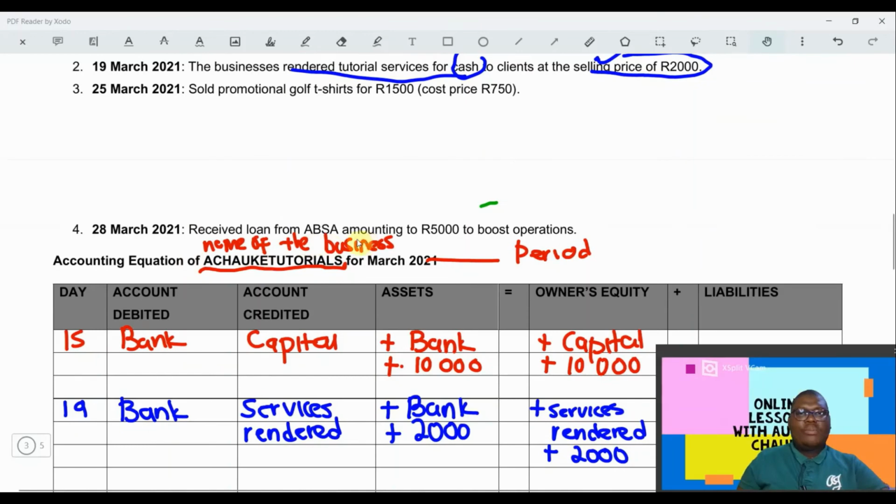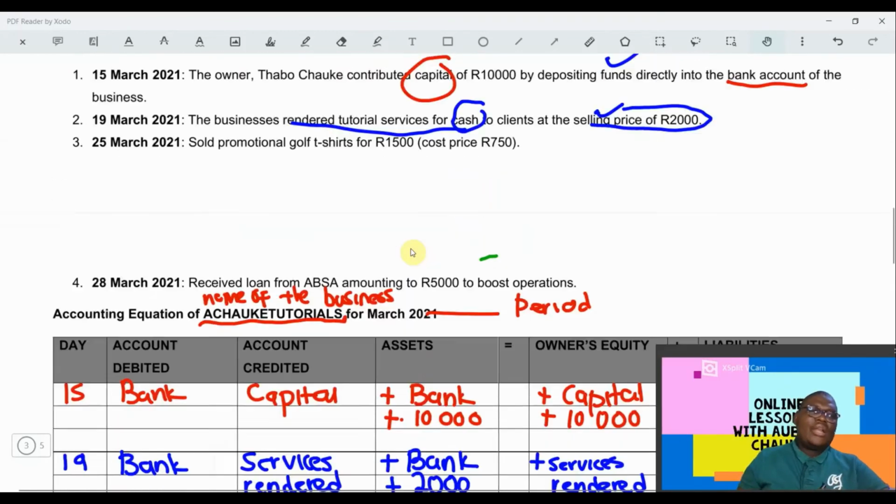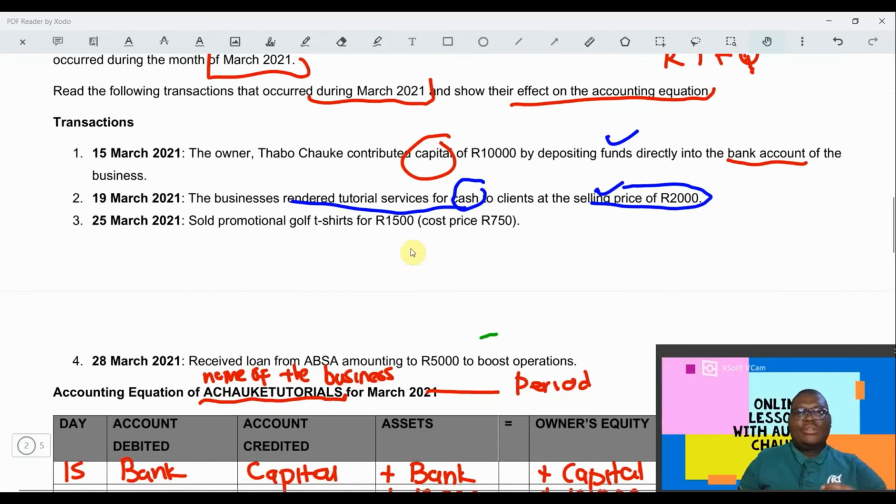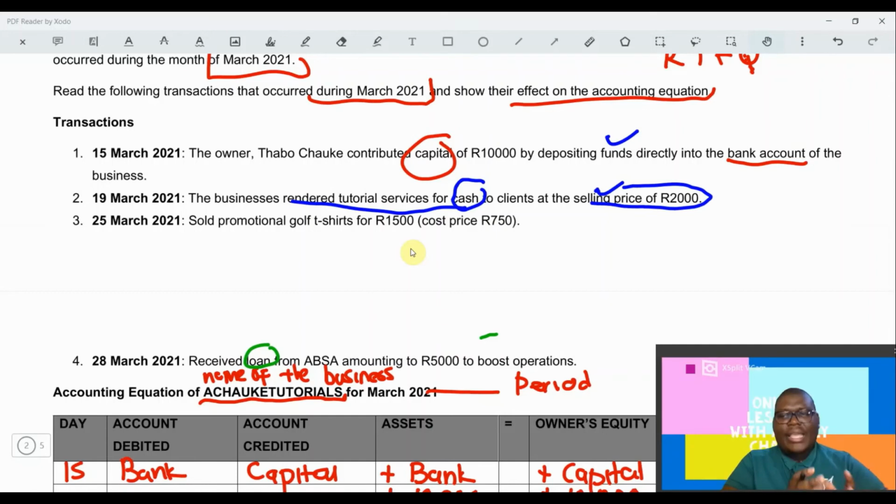They say received a loan from Absa amounting to 5,000 to boost operations. So I can already see here that there are accounts that are affected. I can already see that in this case the loan account is affected, and then also the bank account is affected. Remember, when I receive money, the money is given to me as cash or deposited into my account.